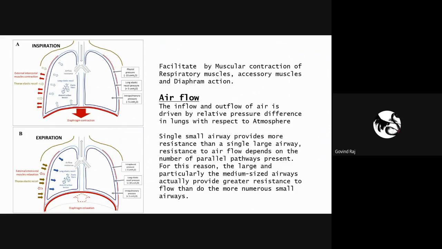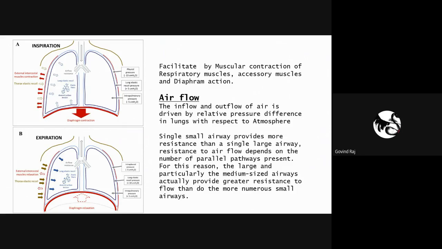When a large volume of air is traveling through a pipe, there is a very turbulent airflow. But when the airflow is small, then the flow will be more laminar. Laminar is very systematic or layer wise flow of air. So for this reason, the large and particularly the medium sized airways actually provide greater resistance to the flow than do the more numerous small airways.